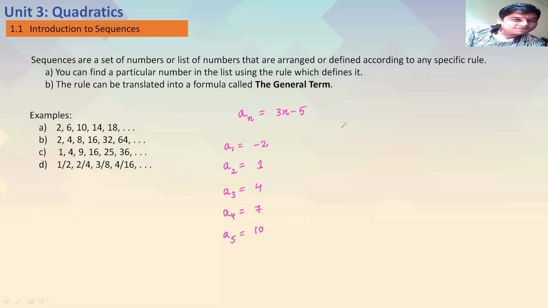The sequence is -2, 1, 4, 7, and 10. Now, what do you notice in this sequence? It is increasing by 3.